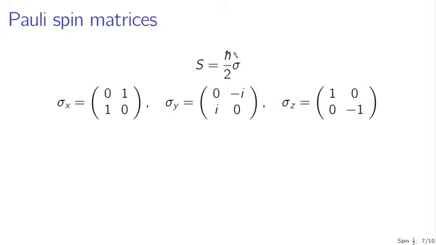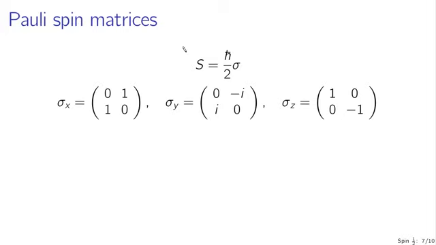Try to be as neat as possible with how you write these things down. It's very easy for a sigma to become an S, or a 2 to disappear, or a minus sign to become a plus sign, or an i to disappear. Keeping track of all of this requires a great deal of attention to detail, which is not something I'm very good at. I'll openly admit that.